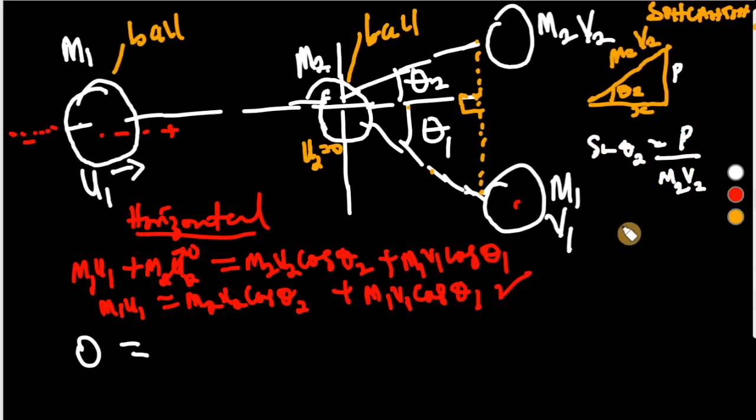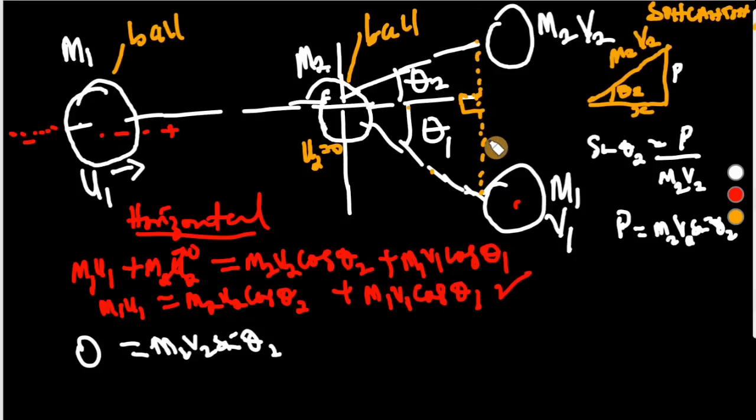So p equals m2v2 sine theta 2. This is the vertical component of this momentum.